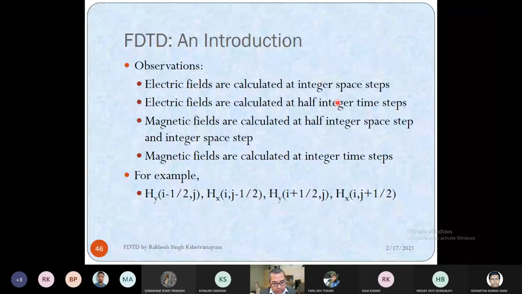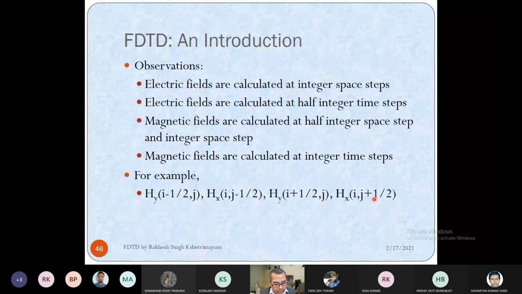Magnetic fields are calculated at half integer space step and integer space step. You have both i and j. One of them would be half integer space step, another will be integer space step. And magnetic field will be calculated at integer time steps. That's all.